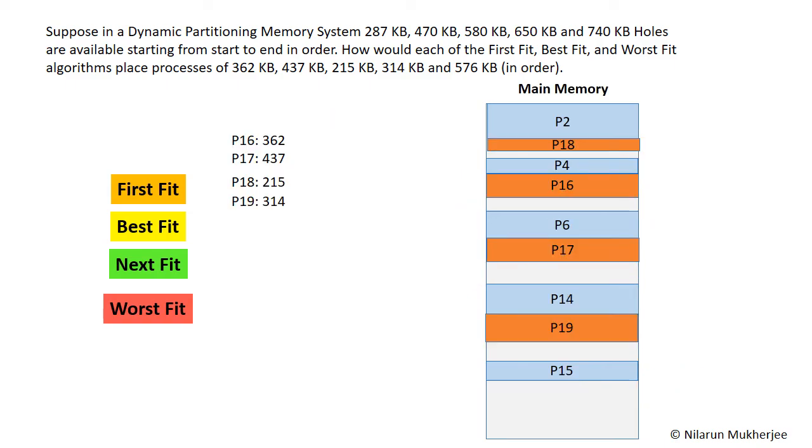So P19 will be loaded here. So the leftover will be, there it was 72, here it was 108, it was 143, and the leftover will be 650 minus 314, 336 kb. Then P20 will come, which will be of size 576 kb.